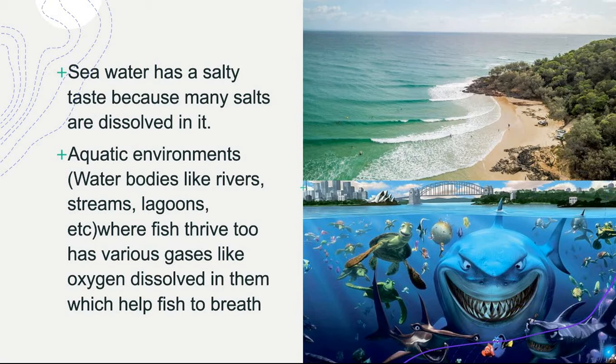And at the same time, water has the solvent property and it can dissolve substances like gases also. So just consider fish like sharks in the sea and other fish you people eat, and also fish you find in lagoons, streams, rivers. How can they live?